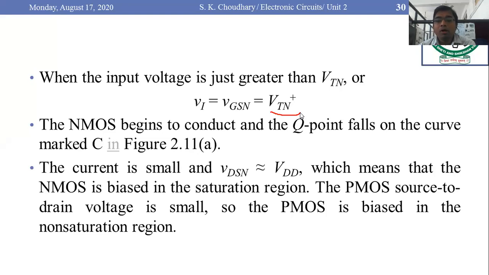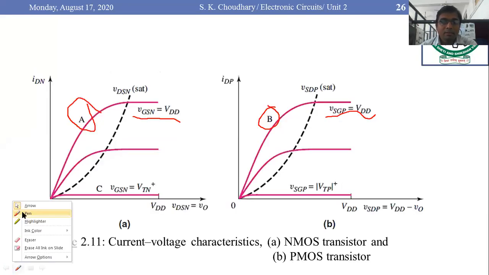Your Q point falls on the curve marked C in figure 2.11a. Because of this increment in the input voltage, when VGSN is greater than the threshold voltage, your curve goes down from A to C in this condition.